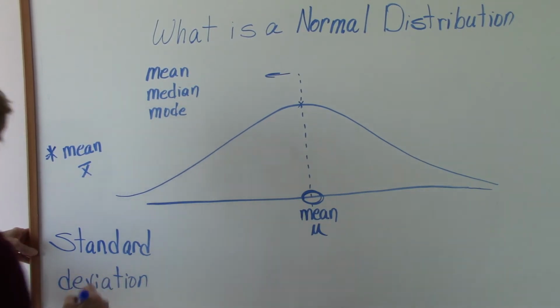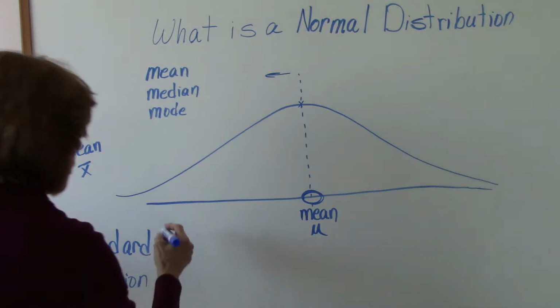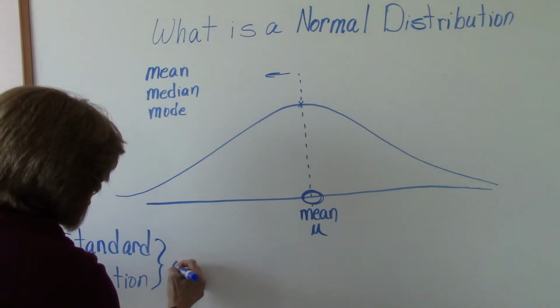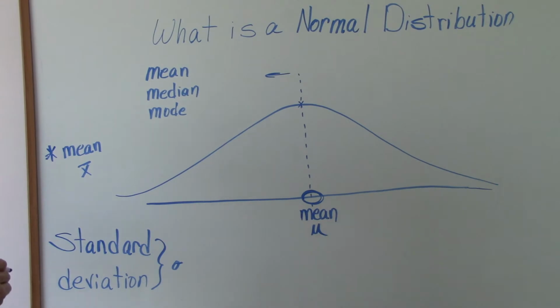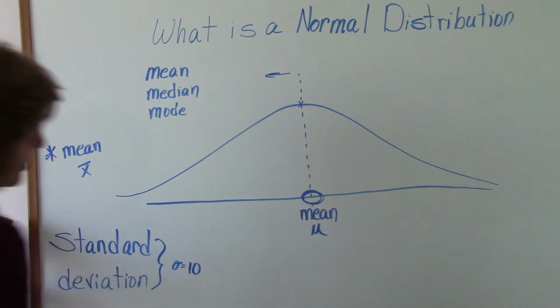Let's say that you calculated a standard deviation. The symbol for standard deviation, by the way, is sigma. It looks like a cursive O. So let's say that the standard deviation is equal to 10.